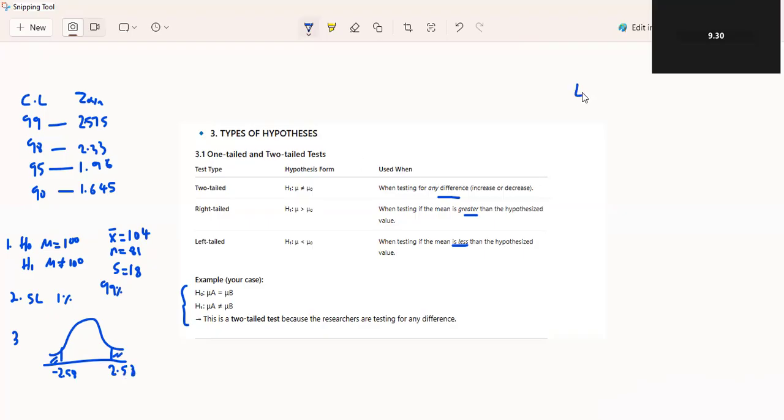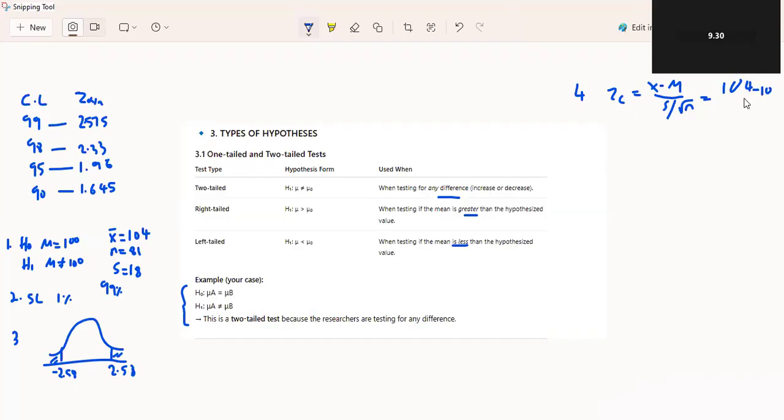What is the formula for Z calculated? Z calculated is equal to X bar minus mu over standard deviation over square root of n. So in this case, our X bar is 104. Our claimed value of the mean or average is 100. We'll put 100 there.